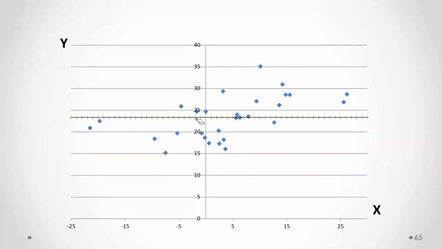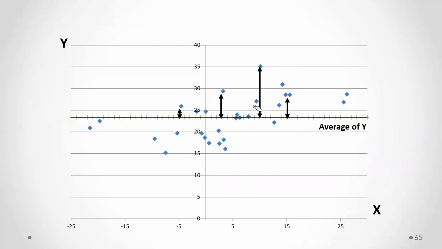Similarly, we also have a line, so this is the average. The green line is the average of y. So for the point which is on the right upper side of the line, they tend to have positive deviation of y.